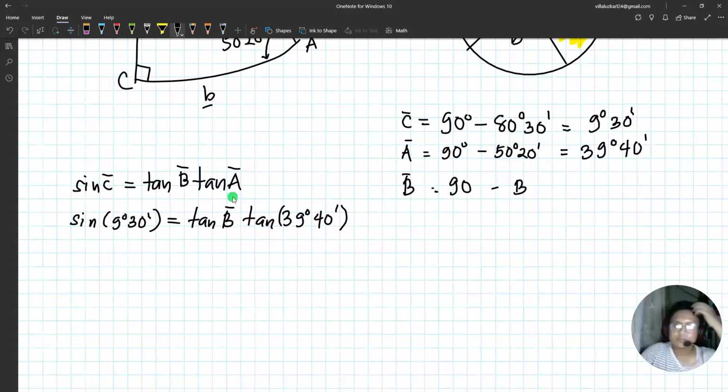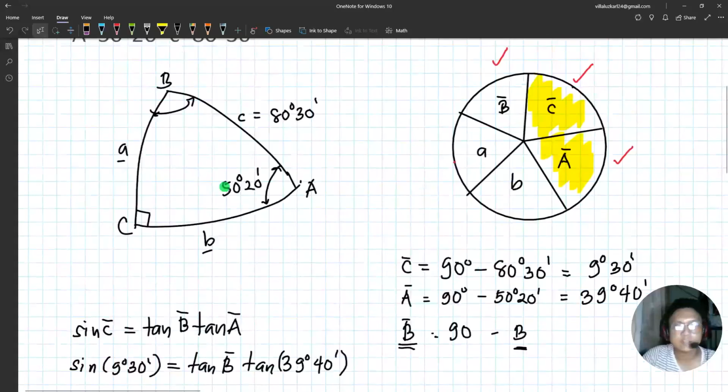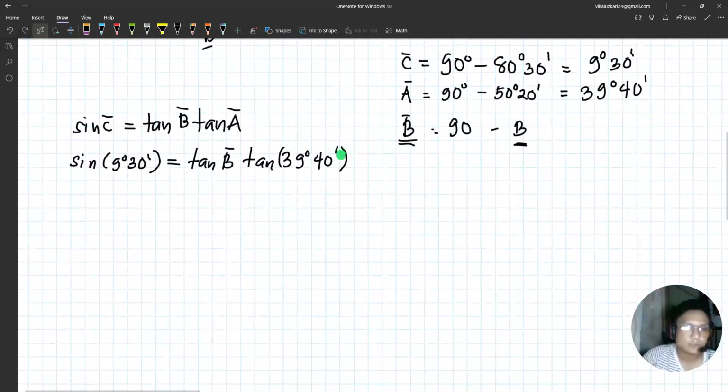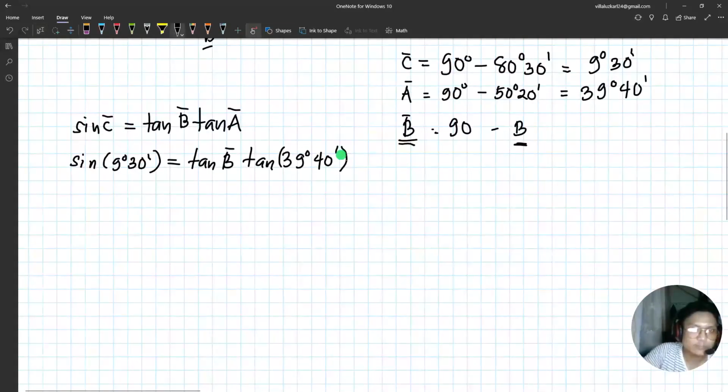Now, when we are able to determine the value of bar B, the complement of that value is the angle itself, B. So, let's determine bar B.